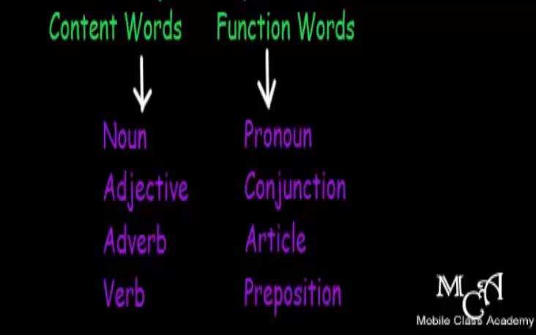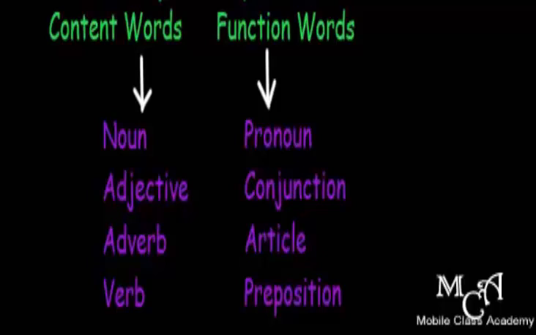So that's why they are called open class category or open class items, because they are open. Every day we form new words, and once a word is used by 80% of the population or more and enters the dictionary, it becomes standardized.